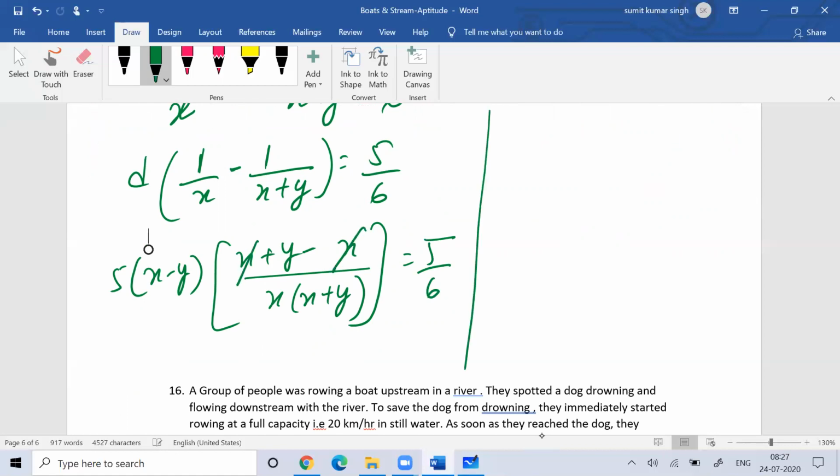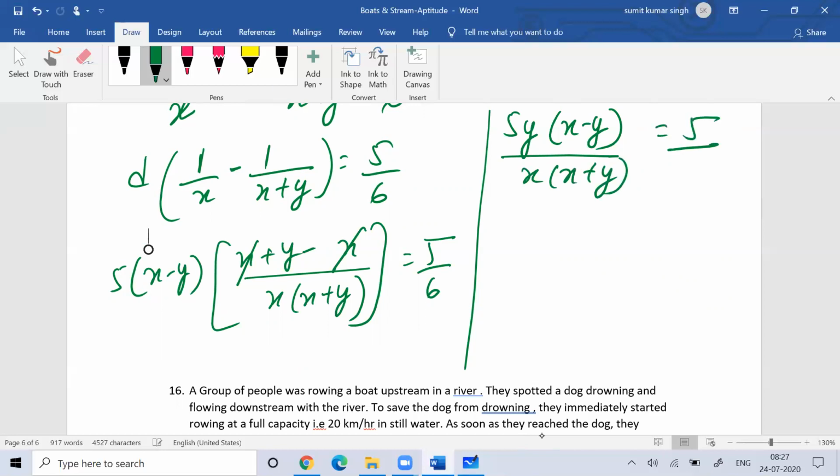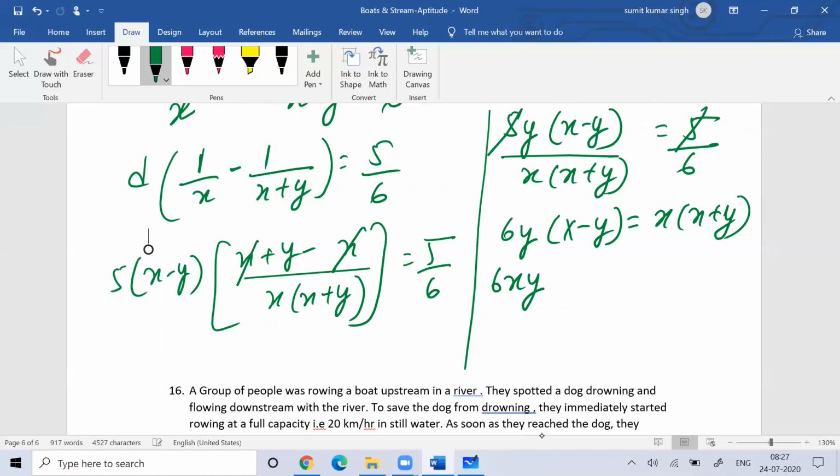So x cancels, giving 5y into x minus y divided by x into x plus y is equal to 5 by 6. So 5 gets cancelled. I can write 6y into x minus y is equal to x into x plus y. That is 6xy minus 6y square is equal to x square plus xy.